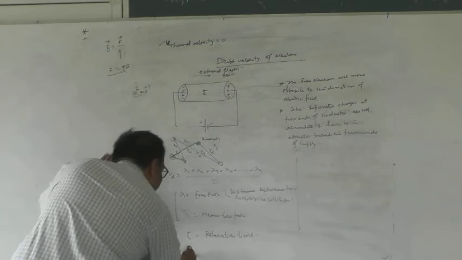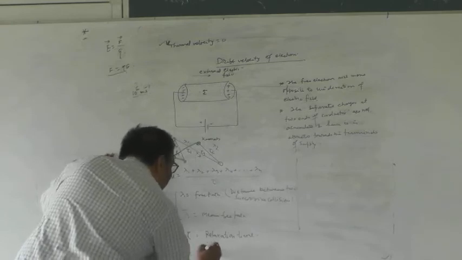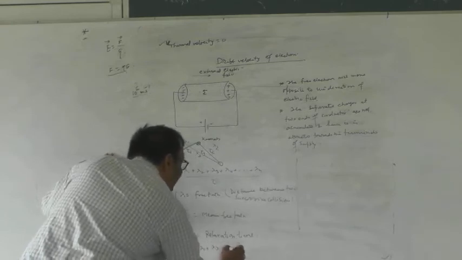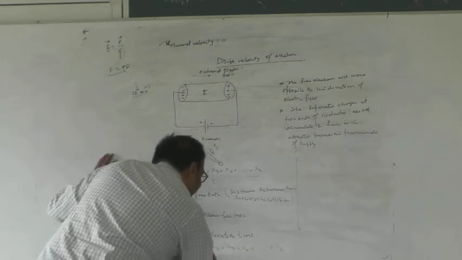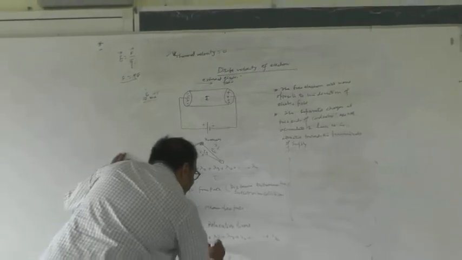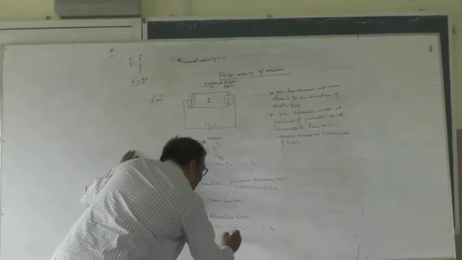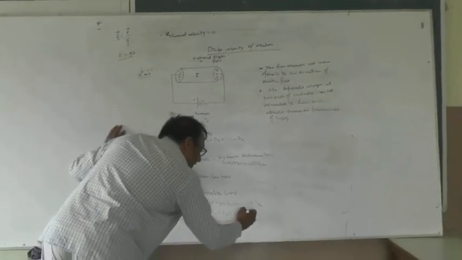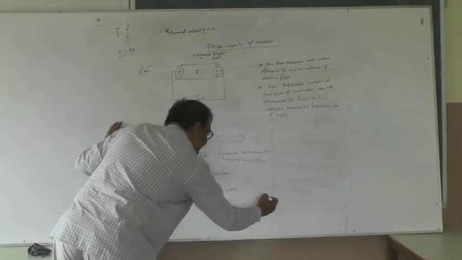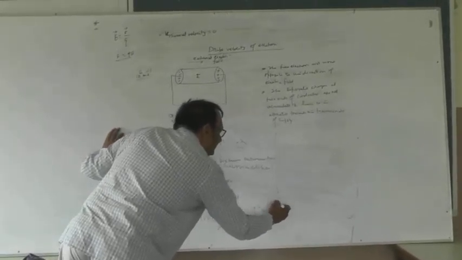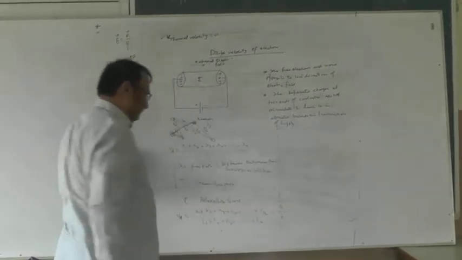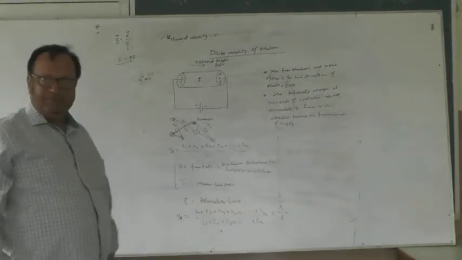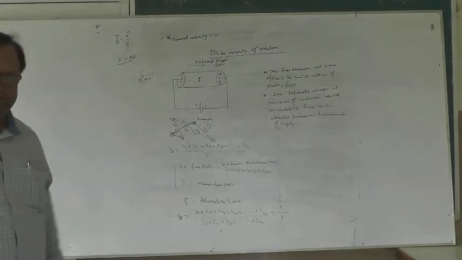Then the drift velocity will be lambda 1 plus lambda 2 plus lambda 3 plus lambda 4 up to lambda n, divided by tau 1 plus tau 2 plus tau 3 up to tau n. This will be equal to the average lambda divided by the average tau. Clear? Now note it.